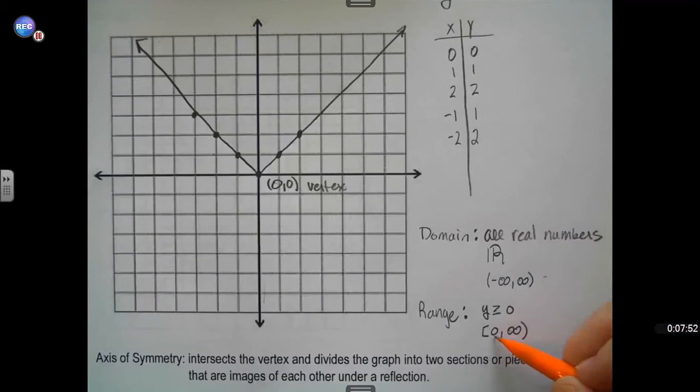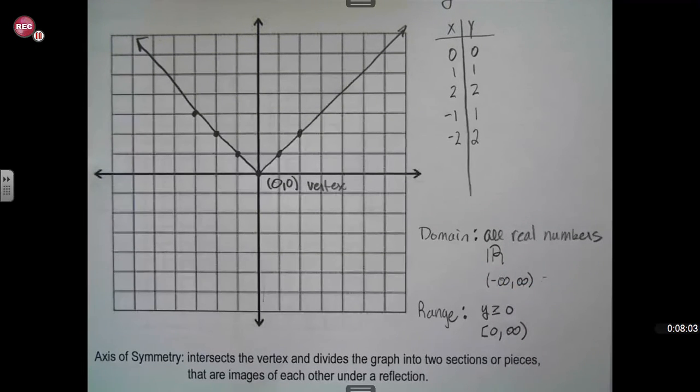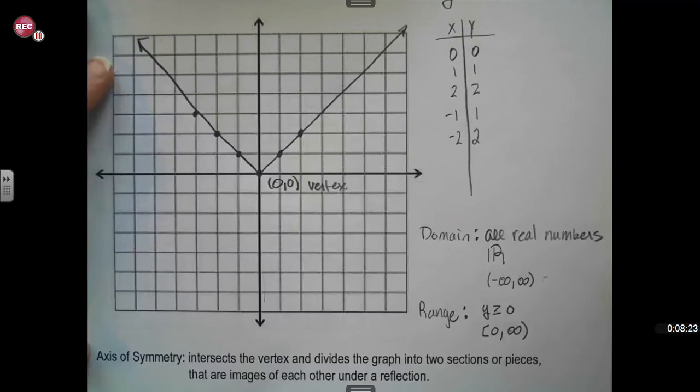The bracket means that 0 is included, and whenever we end or begin with negative infinity or infinity, we always put a parenthesis with infinity, because it's not a number, it's a place. And so it can't be infinity, but it can approach infinity. So when we're using infinity, we put a parenthesis. If the 0 were not included, we would put a parenthesis. Okay, so there you have it.